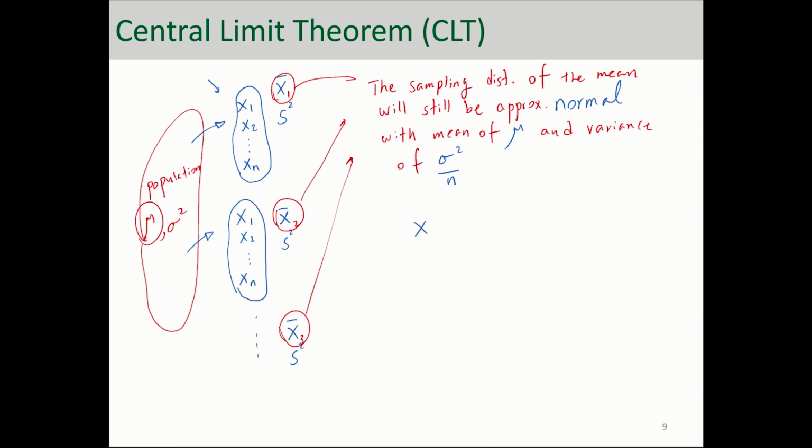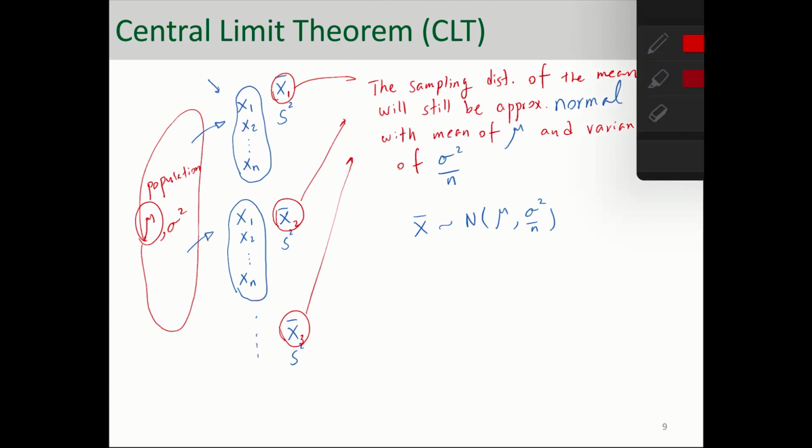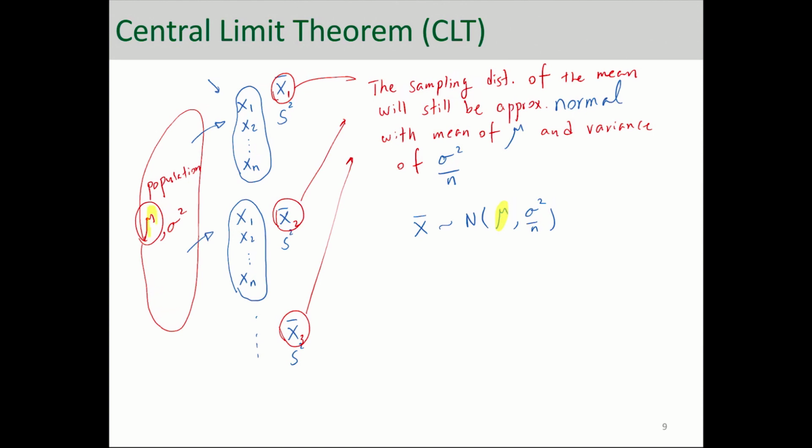Basically, x bar values follow a normal distribution with a mean of mu and variance of sigma squared over n. Keep in mind that this mu is the same as this mu, and this sigma squared is the same, and this n is your sample size. This basically wraps up the central limit theorem and the sampling distribution of the mean that we needed to discuss in this video.